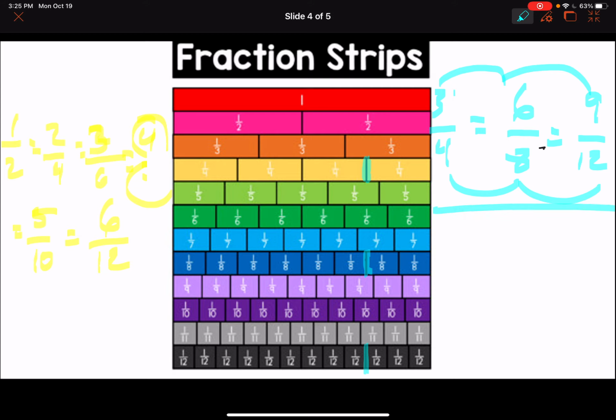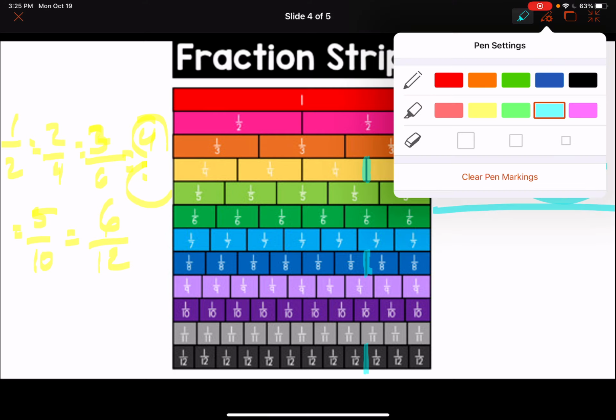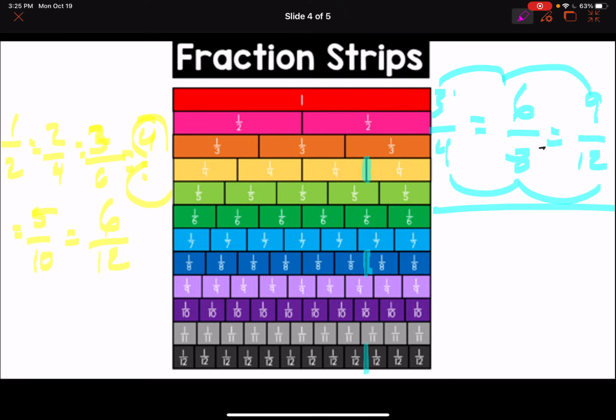How about, can you find a number that is equivalent to 8/10? Just pause the video there and see if you can find anything that would be equivalent to 8/10. I'm hoping that you noticed that 4/5 is equivalent.